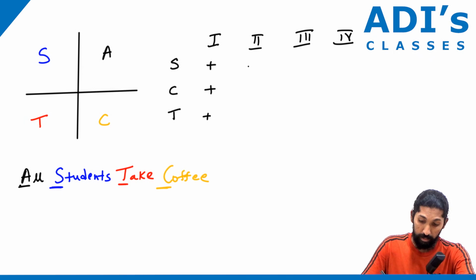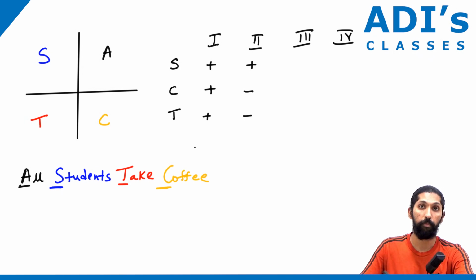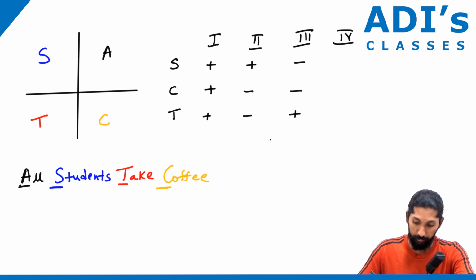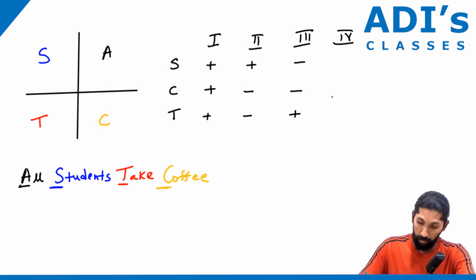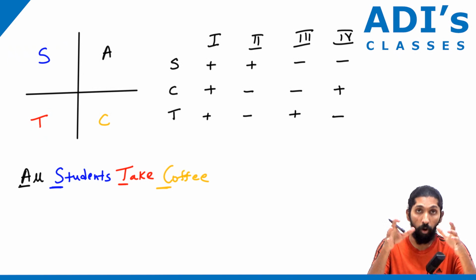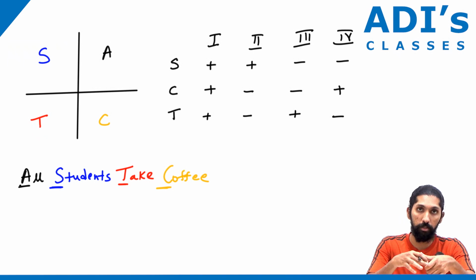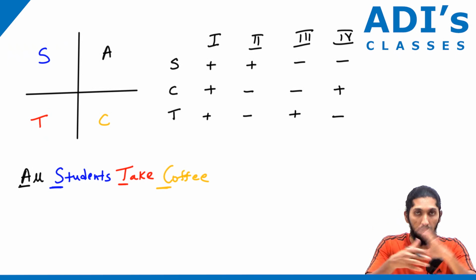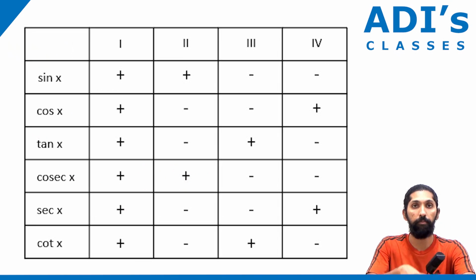Second quadrant, sine is positive, cosine and tan are negative. Third quadrant, negative, negative, positive. In the fourth quadrant, negative, positive, negative. Clear? So to have all the 6 trigonometric functions and their according sign, see, this is the table.